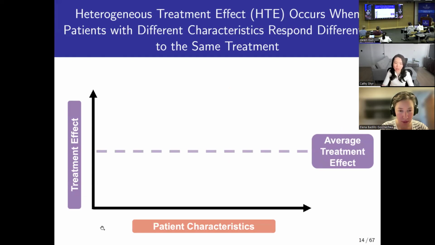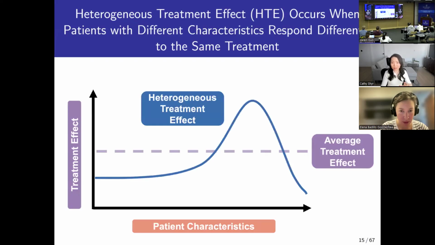So here I've got a plot of the treatment effect on the y-axis versus patient characteristics. The average treatment effect, which is typically reported from randomized controlled trials, is constant. On the other hand, the heterogeneous treatment effect varies as a function of the patient's characteristic.